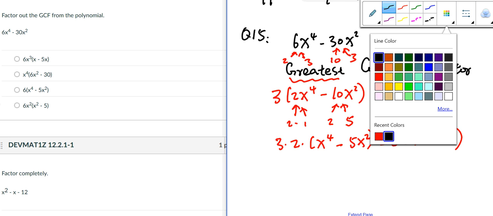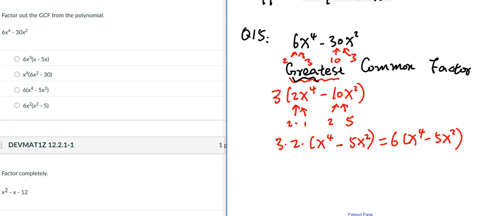Why? Greatest. We are done with the 2 constants here. But how about x squared and x to the 4th? You want to do it not only for the constants, but x squared needs to be pulled out as well.